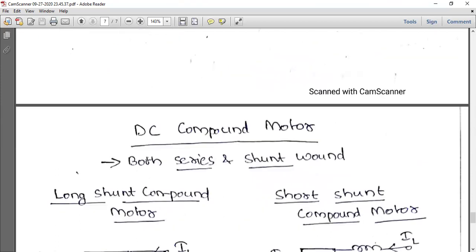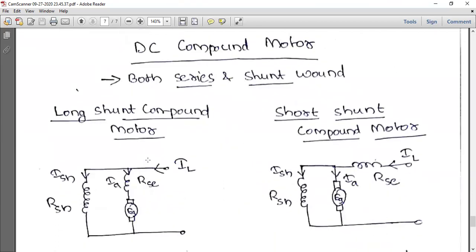This is another concept that I already explained, but one or two specific terms I think I haven't mentioned. A DC compound motor means both series and shunt winding will be there. We have seen long shunt and short shunt.